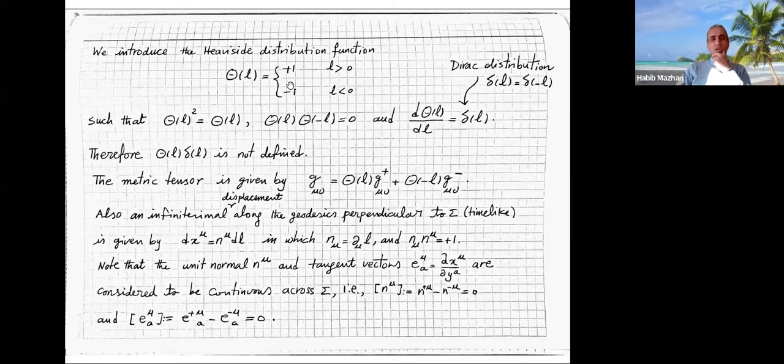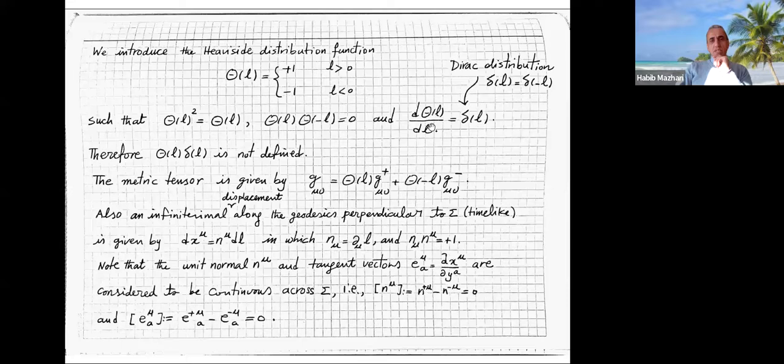For l=0, it is not defined. So this is the Heaviside distribution function. It is not difficult to see that theta(l) squared is equal to theta(l), and also theta(l) times theta(-l) equals 0. Just this is 0, guys. There is a mistake here.